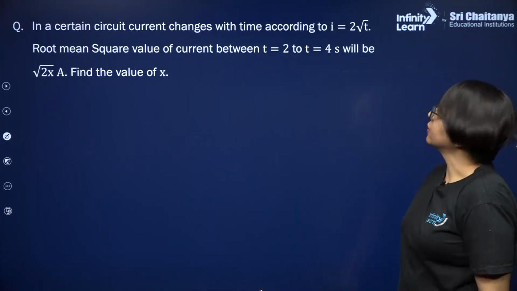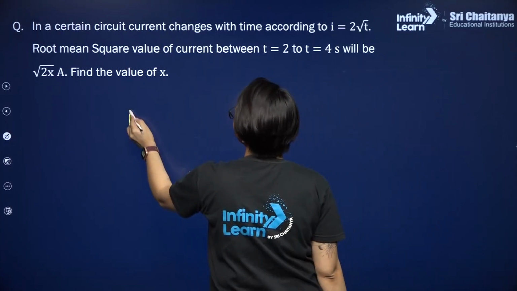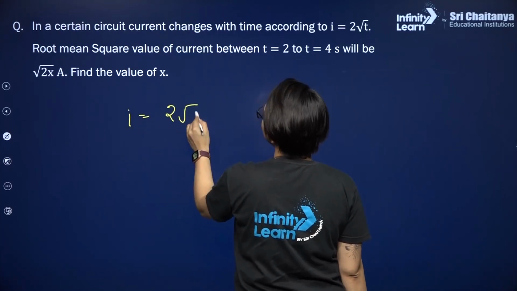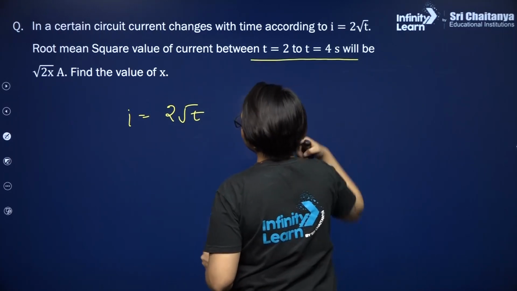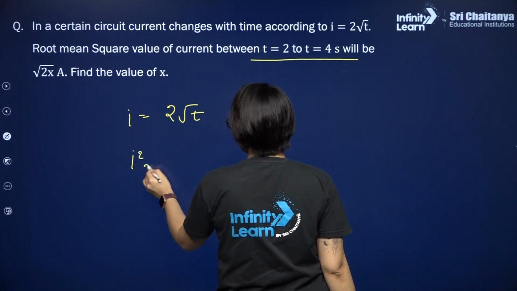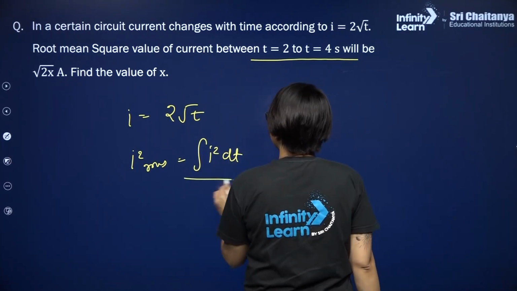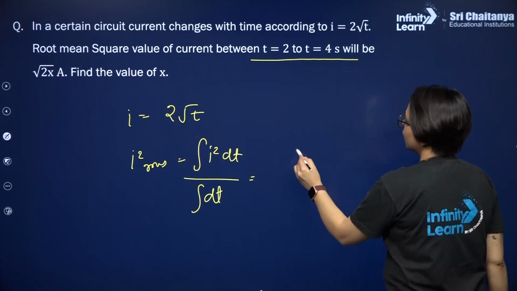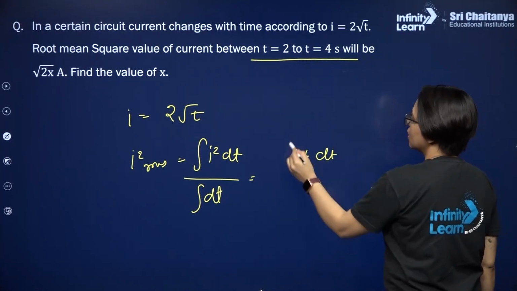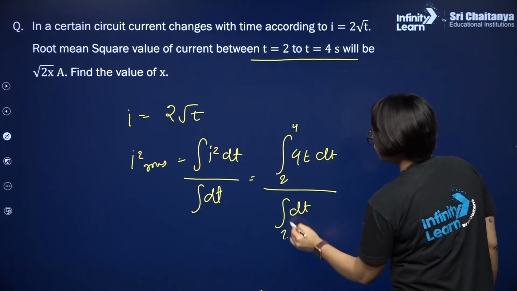Now, next is, in a certain circuit current changes according to time as 2 root t. Root mean square value of current between 2 to 4 will be. So I square RMS is integration I square dt divided by integration dt. Integration I square dt is 4t dt, integration from 2 to 4, divided by integration dt from 2 to 4.